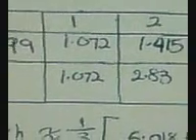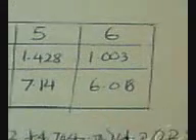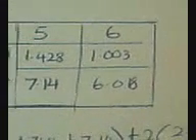So as you can see, for rh, 1 times 1.072 you get 1.072, 2 times 1.415 you get 2.83, and so on until you get to the final stripe. As you can see, there are 6 stripes.